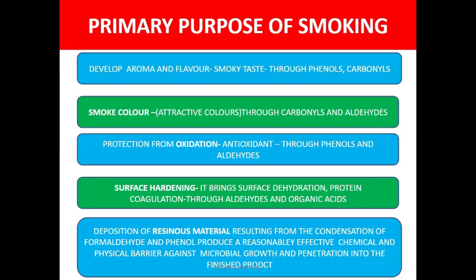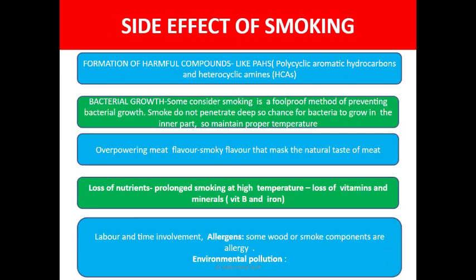So these are the functions, or we can say the primary purposes, why we go for smoking. Basically, smoking is done for the smoky flavor and the smoky taste. That is why we go for smoking. So what are the side effects of smoking? We have seen that smoking has many advantages, but if you are not doing the smoking scientifically, it will have a lot of side effects also.